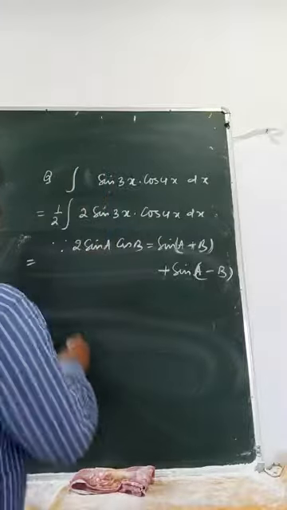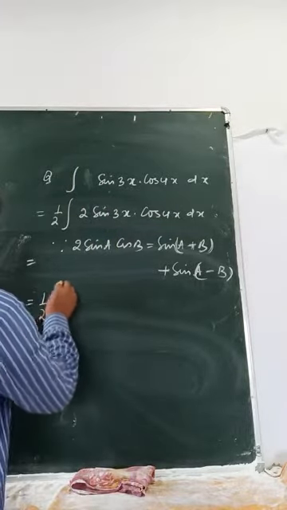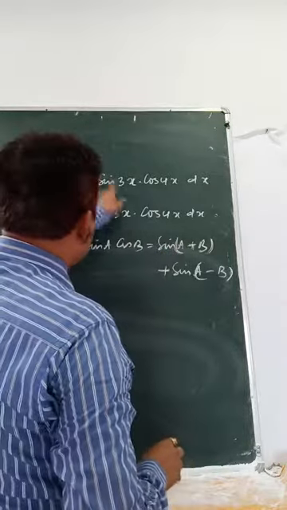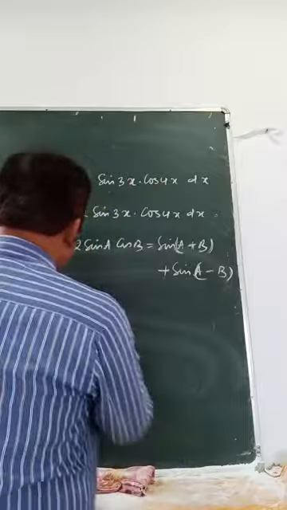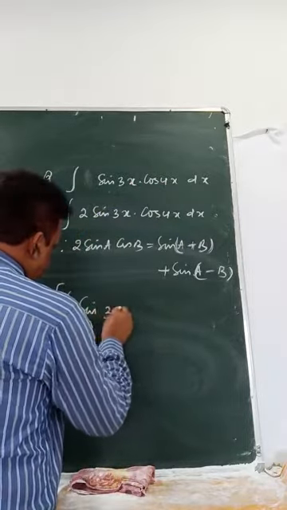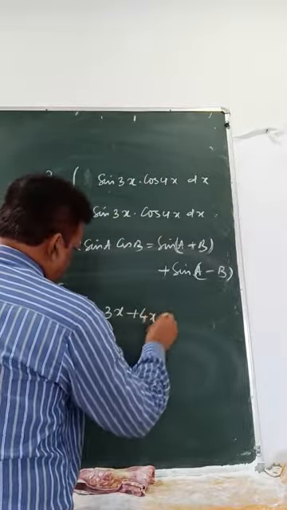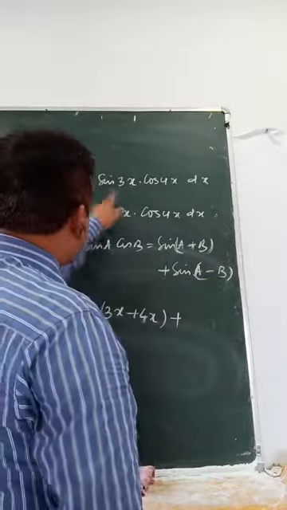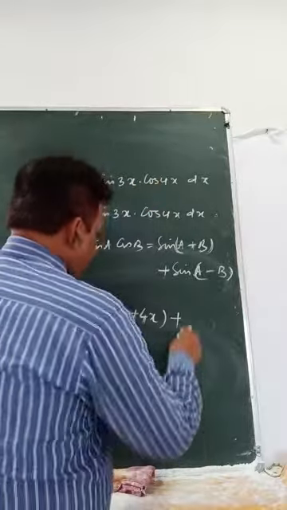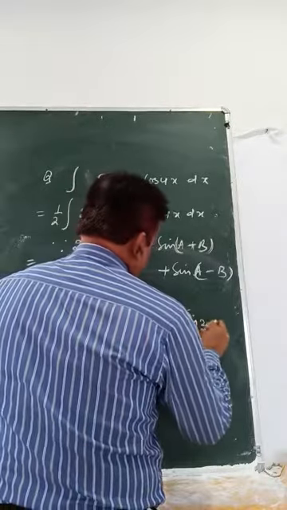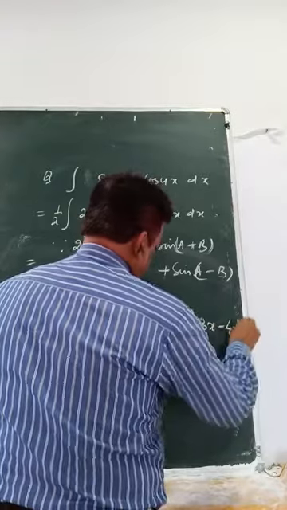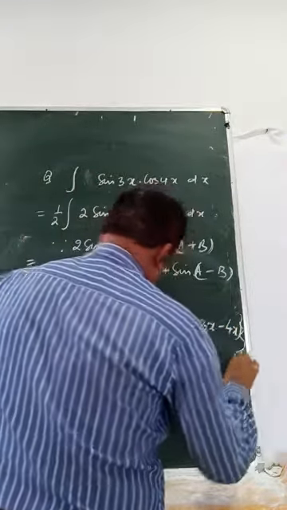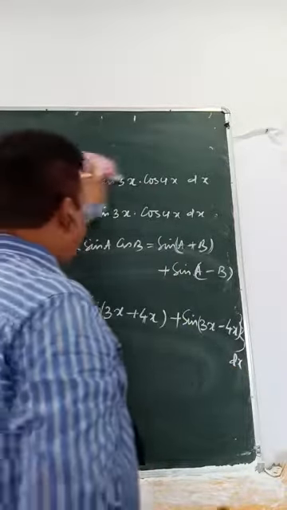So this will be half of the integral of sin(A plus B), that is sin(3x plus 4x), plus sin(A minus B), sin(3x minus 4x), dx.